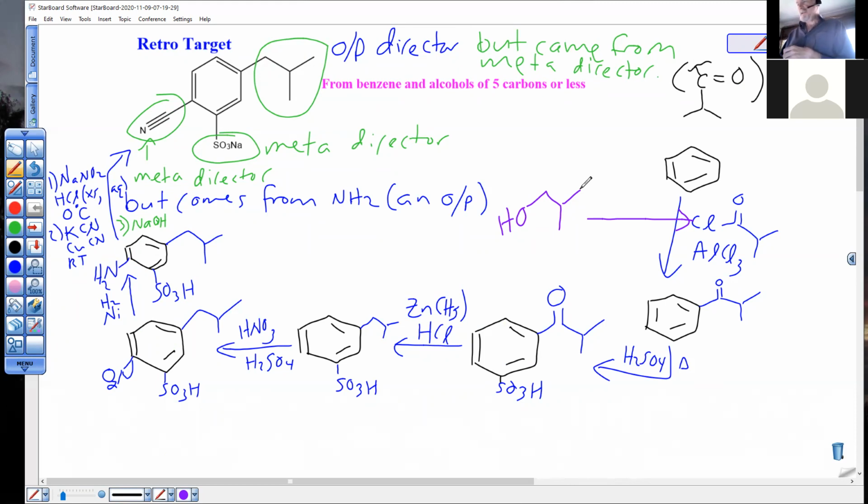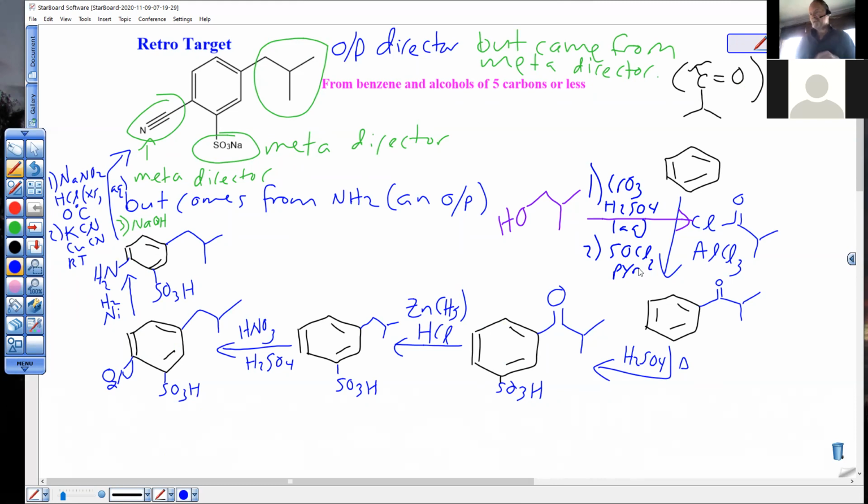First step, oxidation to a carboxylic acid. CrO3, H2SO4, AQ. And then our favorite, SOCl2 and pyridine, the reaction that never goes away. And you've made your acid halide.